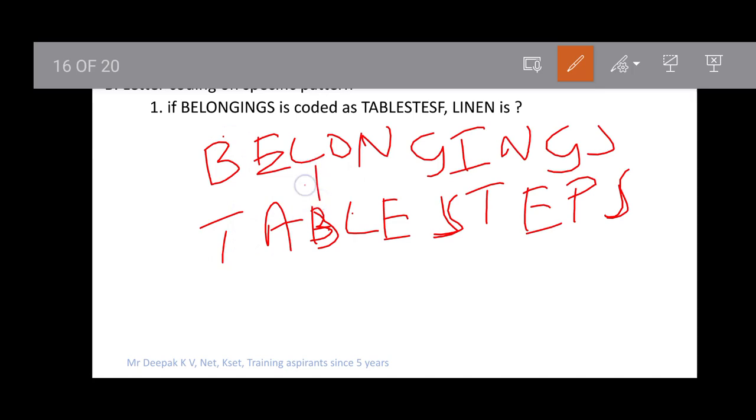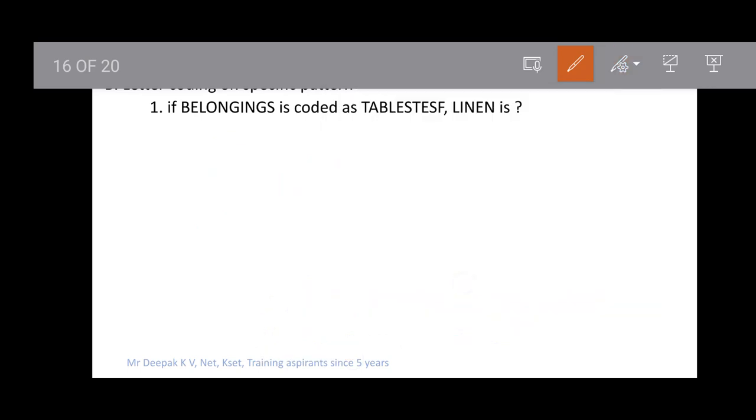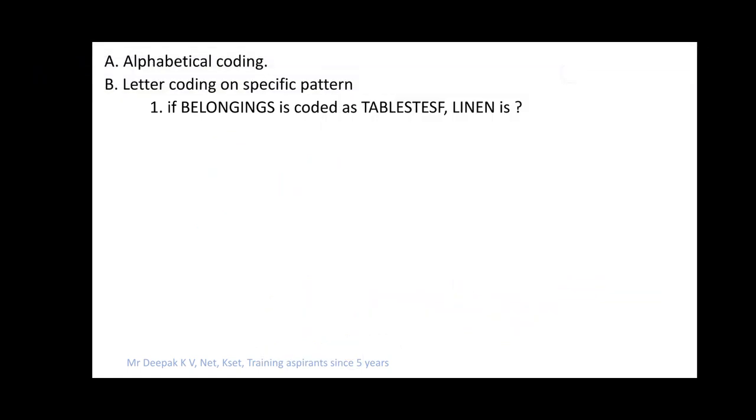So L is coded as B, I is coded as T, so I will write B, T. Obviously N is coded as E, E is coded as EA, and N is coded as E. So BTEAE will be the answer for this. Intentionally I haven't given any options here, since we are not practicing and we are just studying the concepts. Once we are done with the basics, we will go for the options.